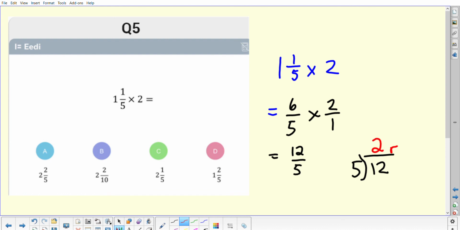You also get a remainder of 2. Now this 2 here tells you how many whole pieces you have, and this other 2 here tells you how many fifths are left over that you are not able to make into a whole. So 2 and 2 fifths would be your answer there, so you should have had answer A.